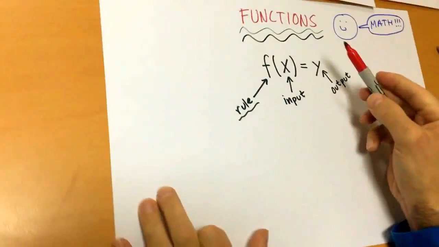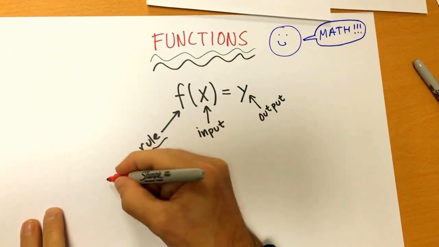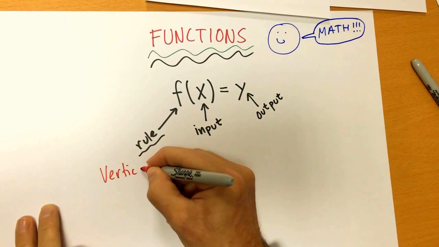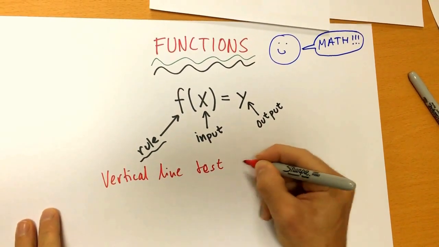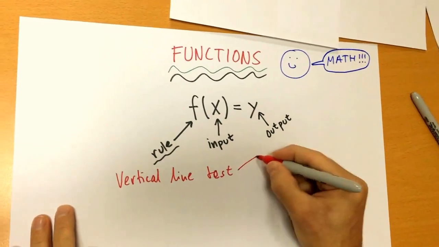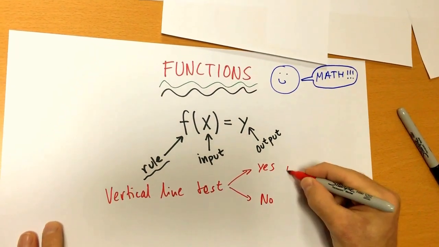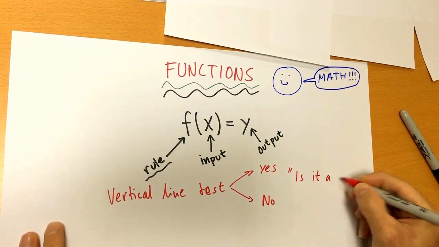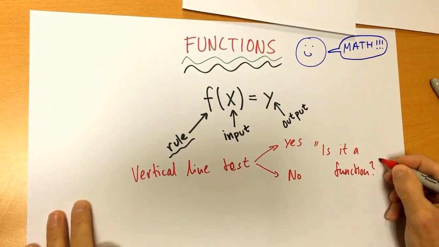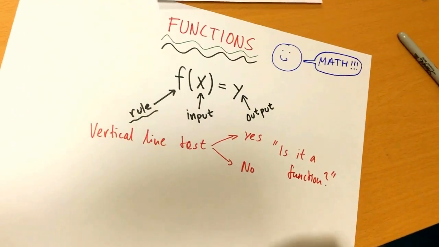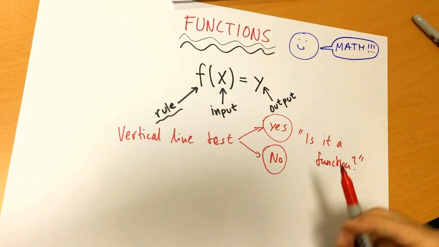We can say, if this is a function, it means, so vertical line test answers yes or no to the question, is it a function? Yeah, it answers either yes or no. So it's just that I put a vertical line through the graph.